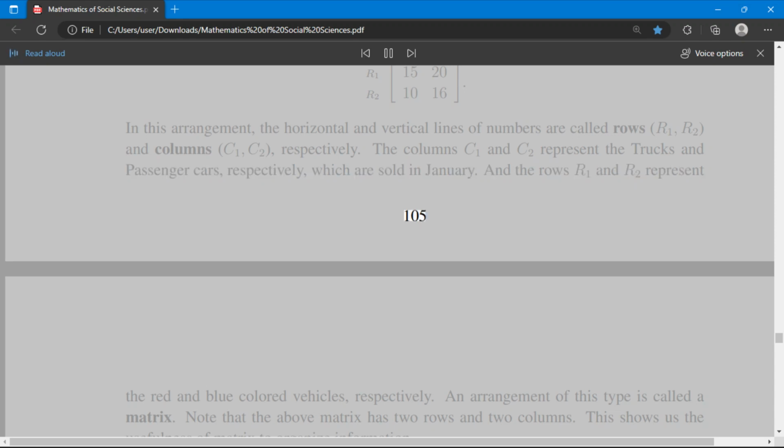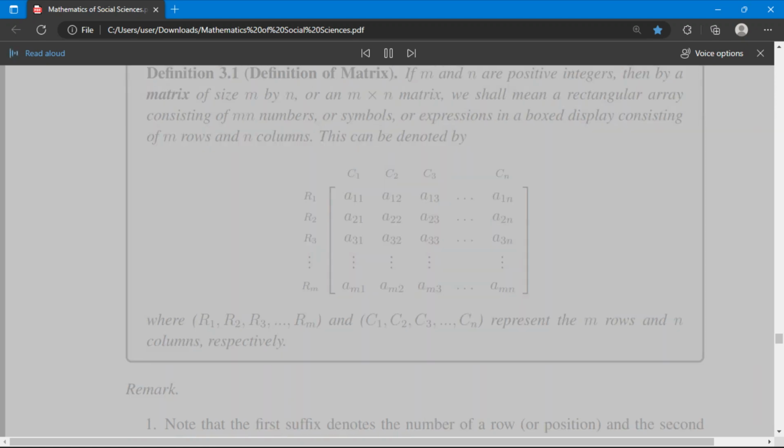And the rows R1 and R2 represent the red and blue colored vehicles, respectively. An arrangement of this type is called a matrix. Note that the above matrix has 2 rows and 2 columns. This shows us the usefulness of matrices to organize information.